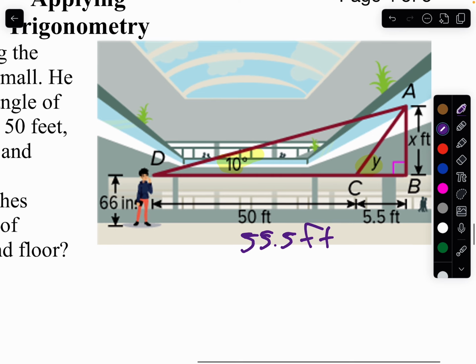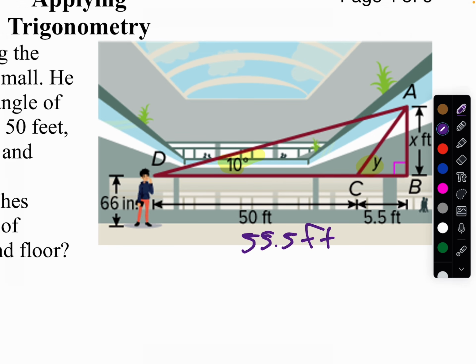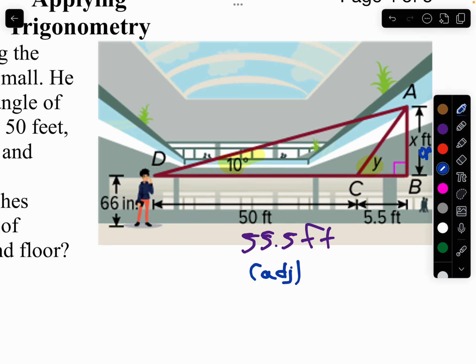So let's start here. What do I know? I know 10 degrees. I know the adjacent side. And I know x is my opposite. So I'm going to use tangent again to solve for x.